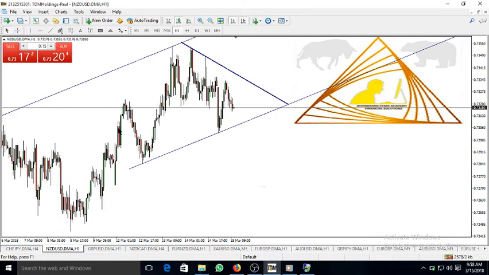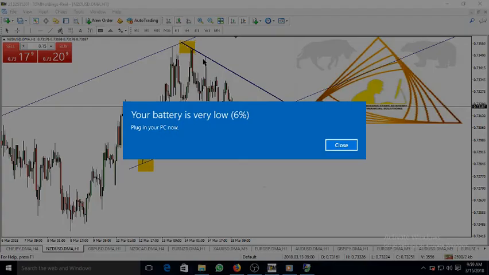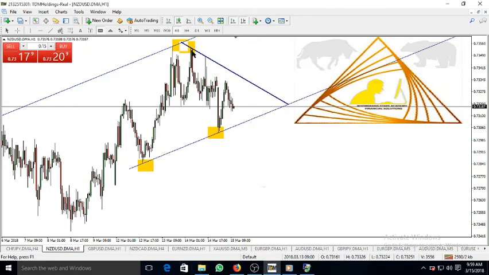I'm having my second support, I'm having resistance, and I'm having one resistance right there, and then I'm going to draw my triangle, my geometric pattern right there.